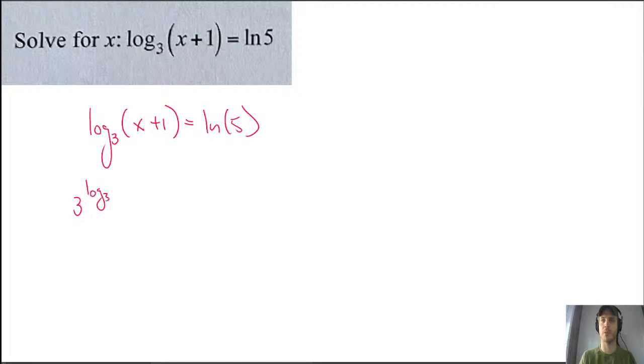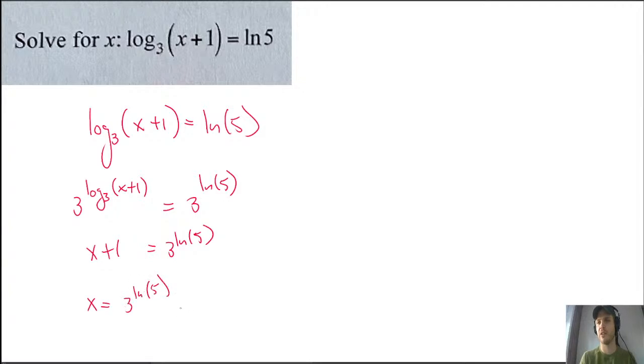So we get log base 3 of x plus 1 equals 3 to the log 5. And these cancel now because those are inverse functions. When you compose inverses, the argument pops out. And then we subtract 1 from both sides, and we get 3 to the log of 5 minus 1.